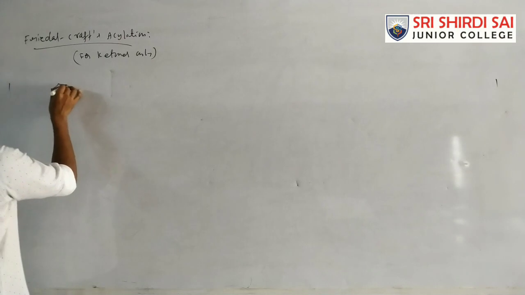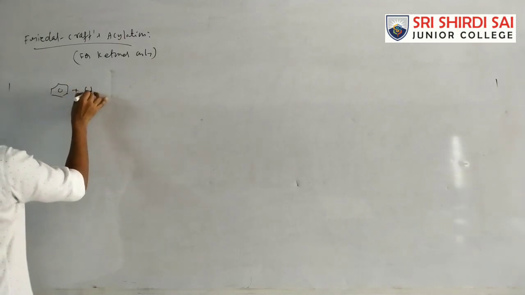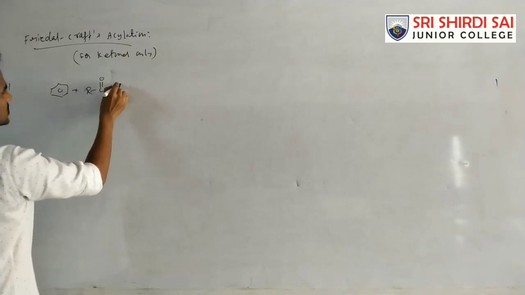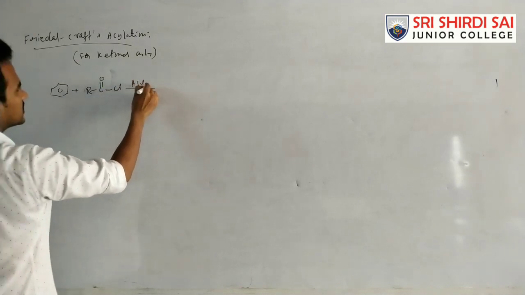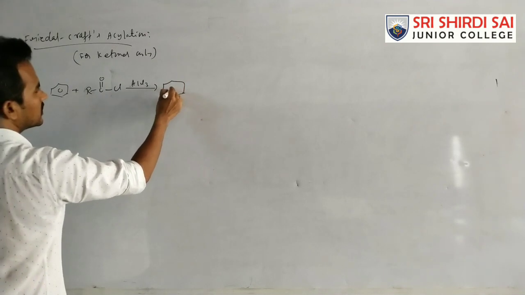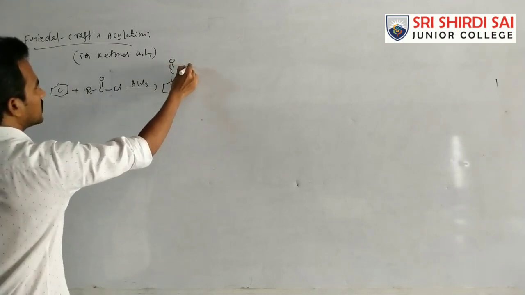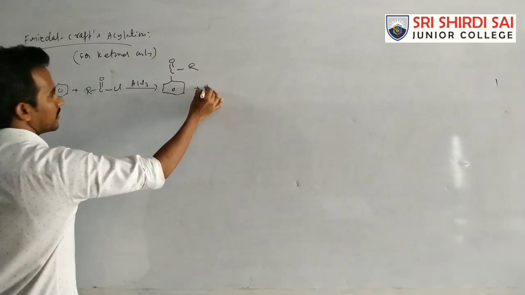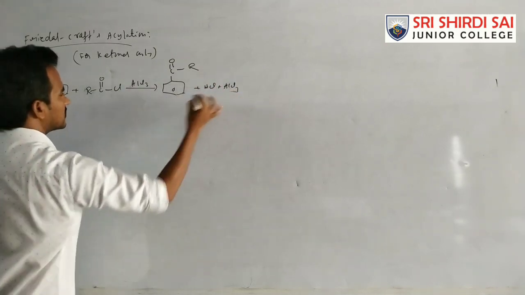But suppose this benzene is treated with an acid halide RC=OCl in the presence of an anhydrous Lewis acid, AlCl3, we will get the ketone, C=O with an alkyl group, plus HCl.